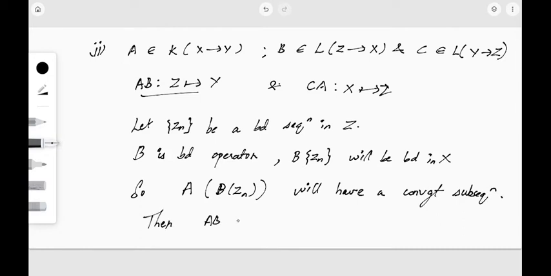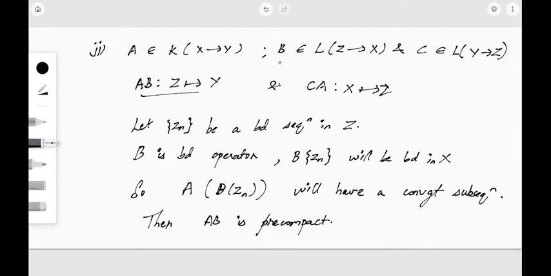I hope the concept is clear. AB will become pre-compact. So how did this proof go? We need to show that AB is pre-compact. So for that we chose a bounded sequence Zn in Z, and as B is a mapping from Z to X and Zn is a bounded sequence in Z, B is bounded, therefore B of Zn will also be bounded.